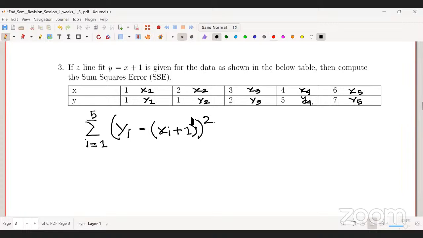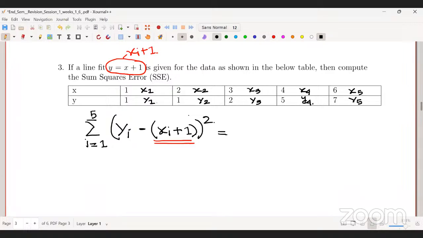As you can see, this part is precisely coming from the equation of this line. What I am doing here is substituting xi plus 1 on the right-hand side. So now can you tell me what this total sum is?